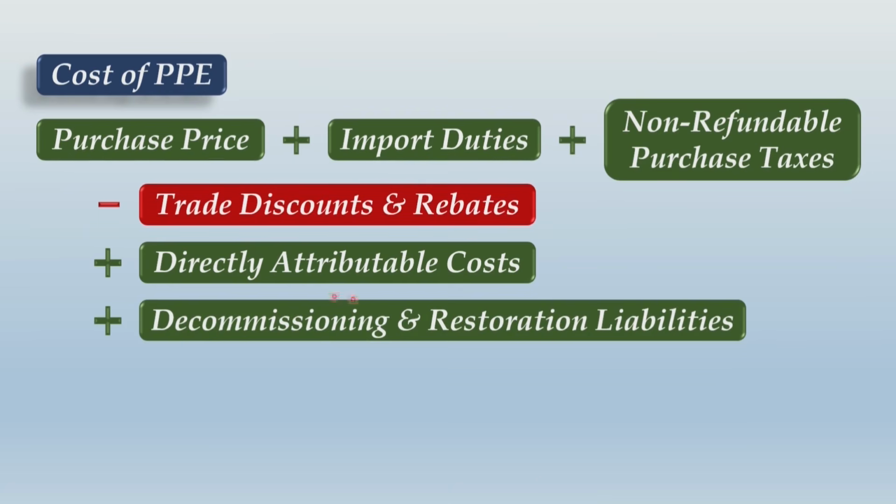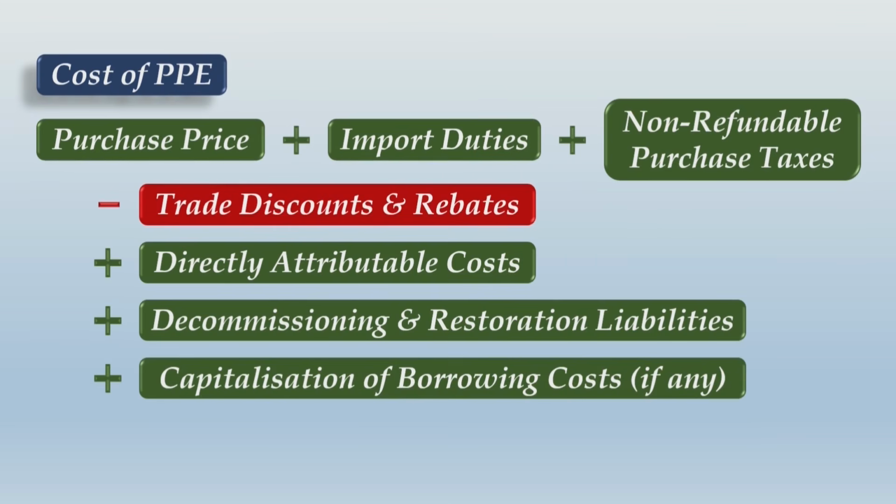This point needs to be added not at its original estimate but at the present value, because these costs you are going to incur not now but on termination of the asset. And lastly, we have capitalization of borrowing cost, if any.